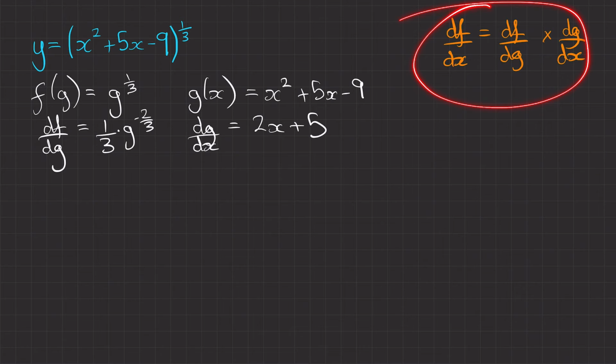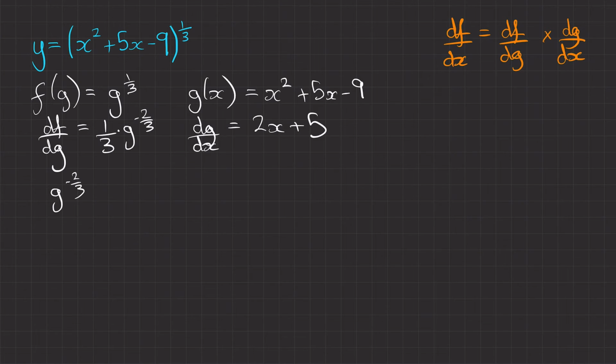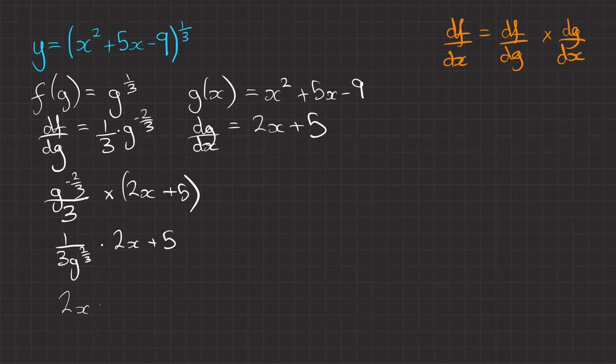We then apply the chain rule here. So we multiply df by dg by dx, which gives us g to the power of minus 2/3 over 3 multiplied by 2x plus 5. I'm going to simplify this so it's even nicer. So we'll have 1 over 3g to the power of 2/3 multiplied by 2x plus 5. And then simplify even more, so we'll have 2x plus 5 over 3g to the power of 2/3.